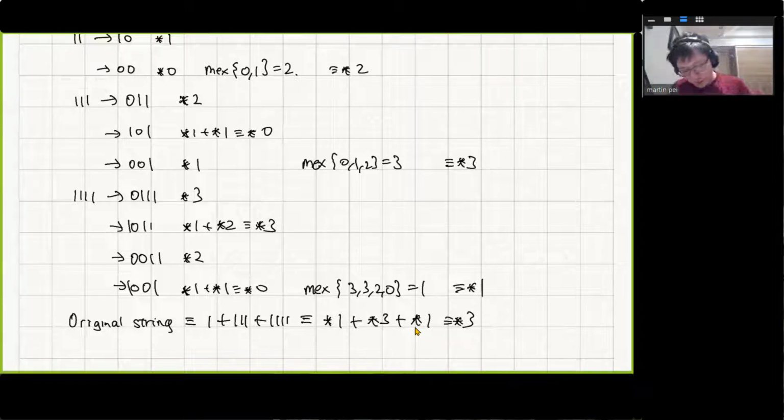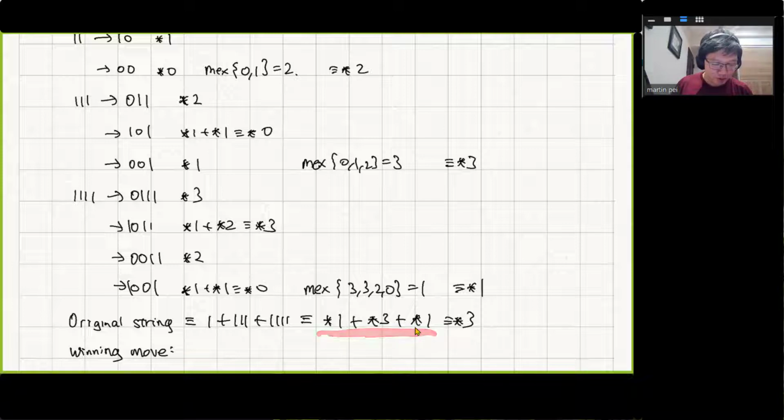And if we're looking for a winning move here, then what we will be doing is take this star 3 and say, what does that mean for this named game? Well, technically 1 and 1 cancels out, so we're moving on star 3, and we're trying to move star 3 to star 0.